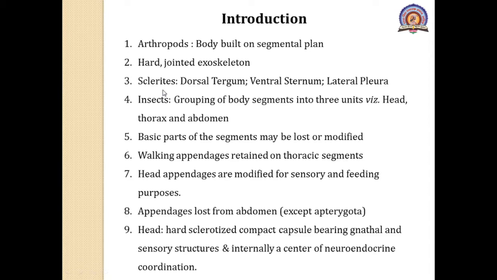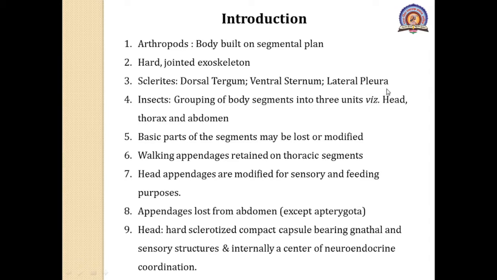Now sometimes the sclerites are articulated together so as to give a precise movement of one on the next, and each segment of the body primitively has a dorsal sclerite. This is known as the tergum, which is jointed to the ventral sclerite known as the sternum with the help of lateral membranous areas that are known as the pleura.